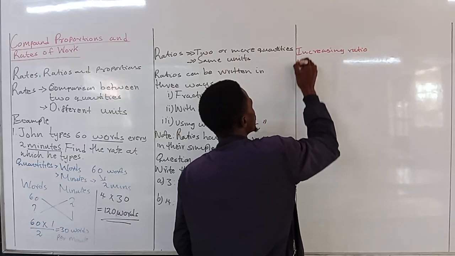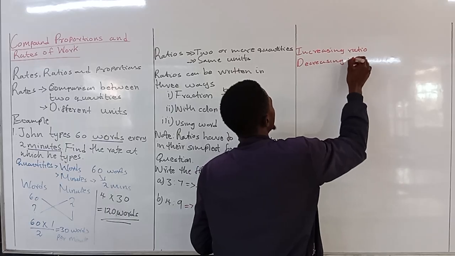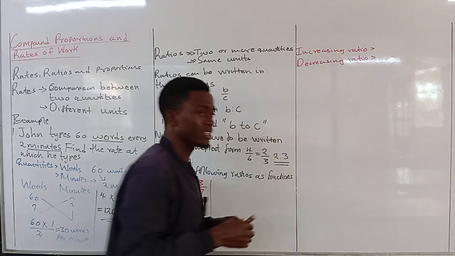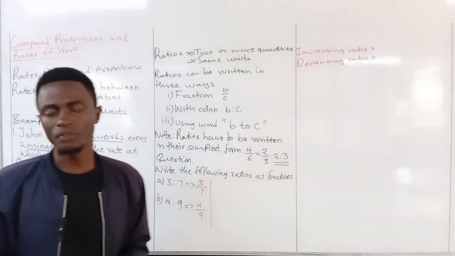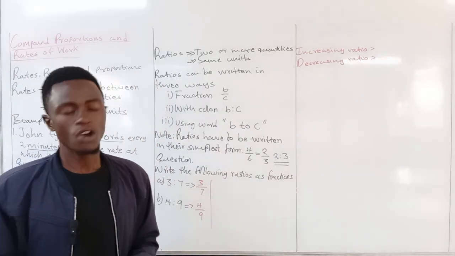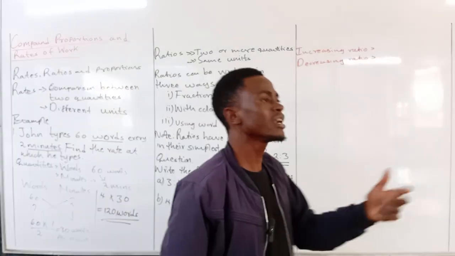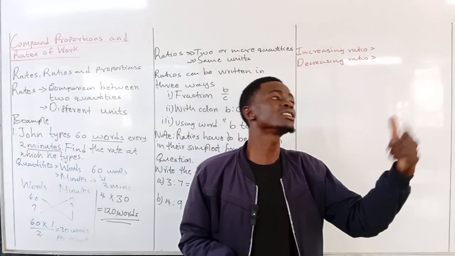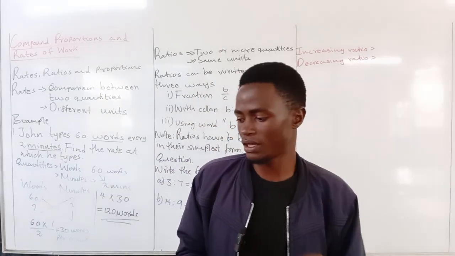And then number 2, we have a decreasing ratio. When talking about an increasing ratio, this is an application concept on quantities. It means that when you take the ratio, convert it to a fraction, and multiply it by a certain quantity, the quantity is going to increase in terms of its value.